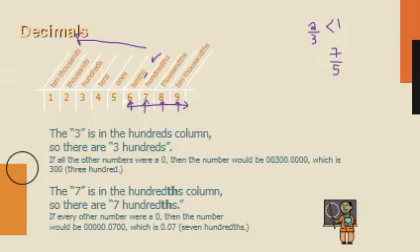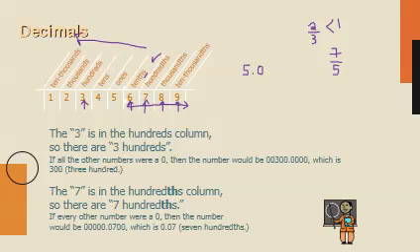You can see that the 3 in the hundreds column indicates that we have 300, right? If all the other numbers were 0, then the number would be 300. Okay, it's 300.000, it's 300. So you can see that any number, suppose you have 5, you can express 5 as a decimal number by just putting 5.0.